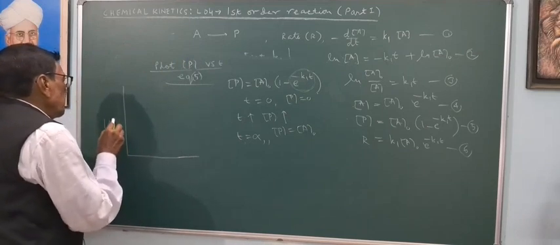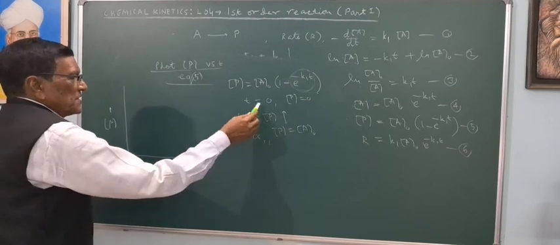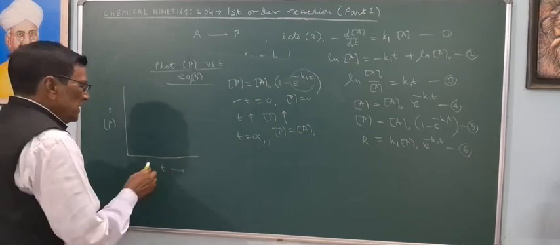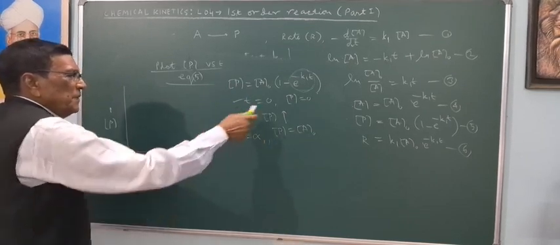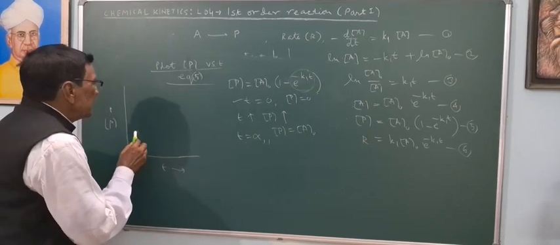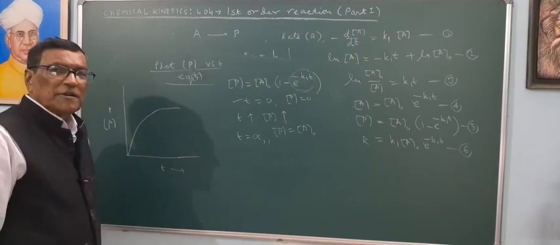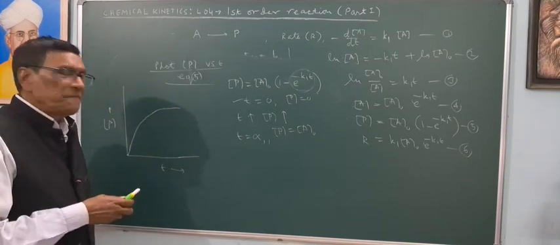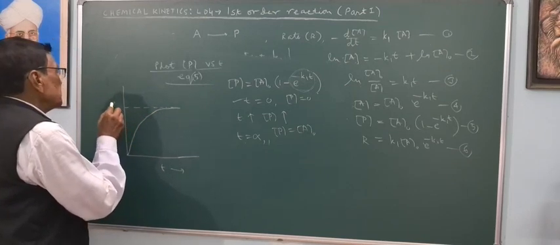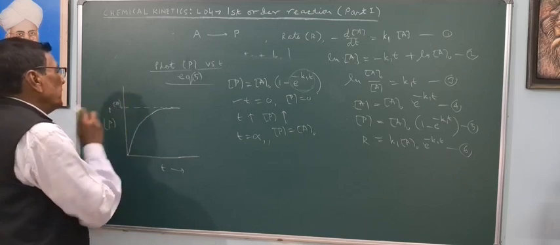Concentration of P on this axis and time T here, and it will start from 0. As T increases, P increases exponentially. So this will be like this, almost parallel, and this value is the concentration of A naught.